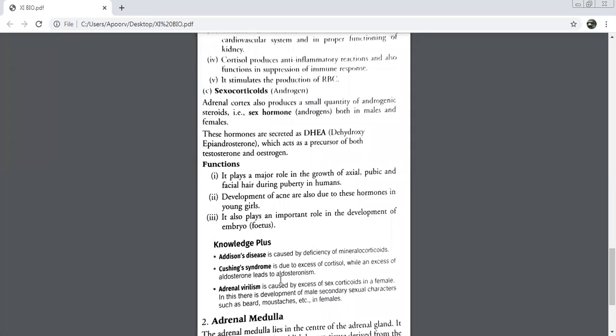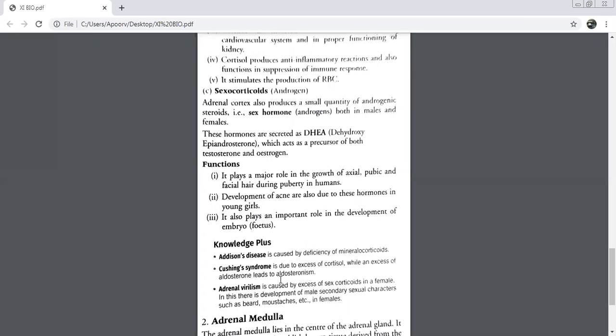The second kind of corticoid we did was glucocorticoid, mainly involved in the metabolism of carbohydrates, fats, and proteins, and in the process where non-carbohydrate sources start producing glucose, gluconeogenesis. Also the metabolism of the cardiovascular system, functioning of the kidney, and stimulating the function of RBCs. Any 3 functions you can learn.